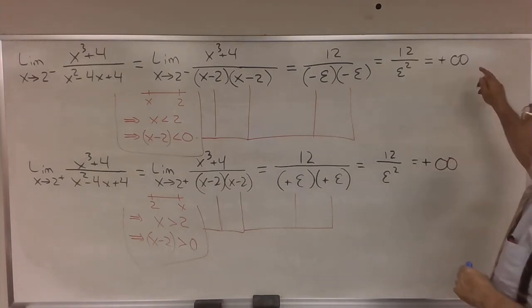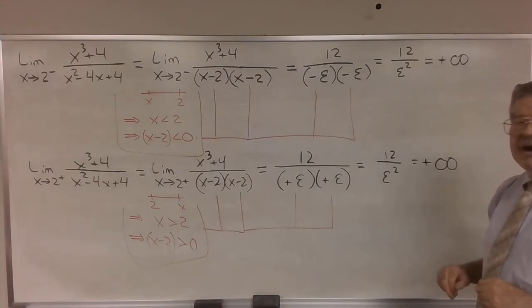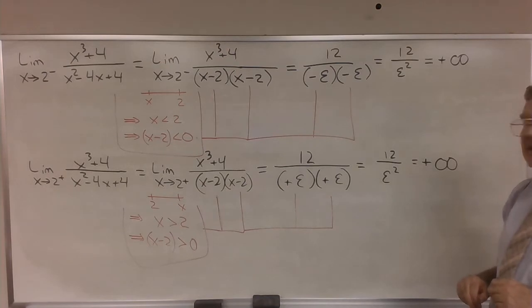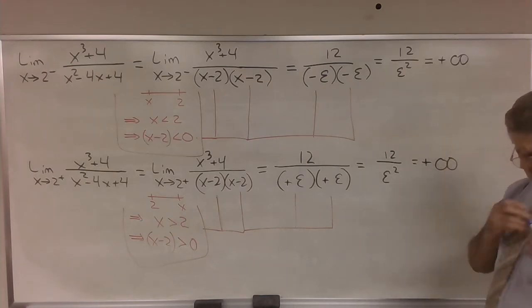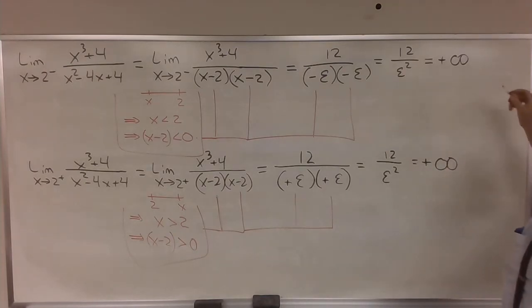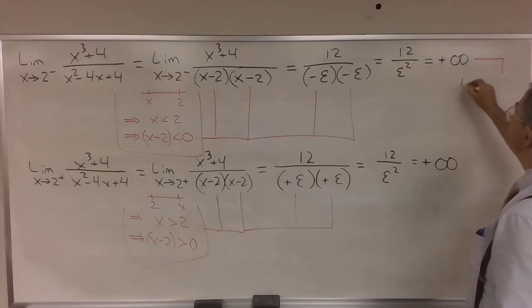If the two one-sided limits are equal, which they are here, then the limit exists and it equals the same value as the two one-sided limits. So let's write that down.